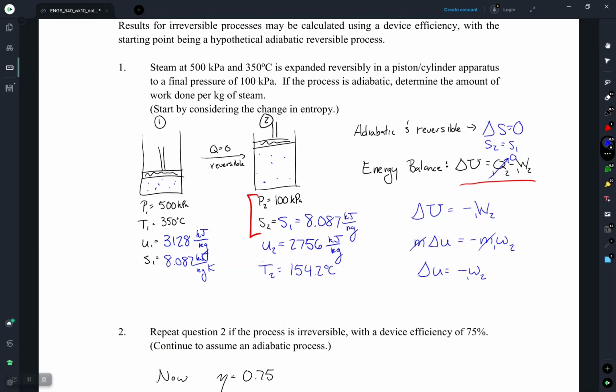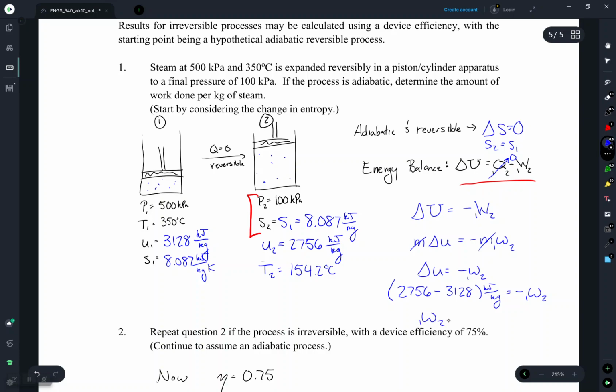We can plug in our numbers, final minus initial in this case. 2756 minus 3128 kilojoules per kilogram equals minus W12.